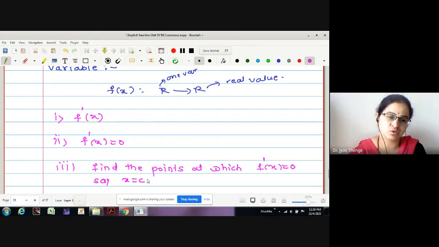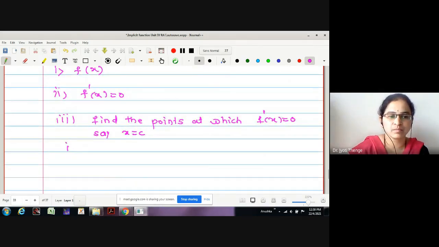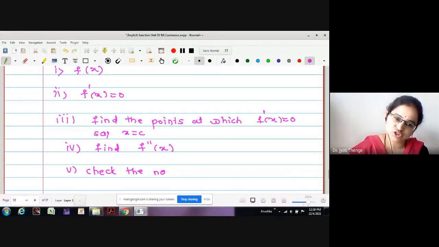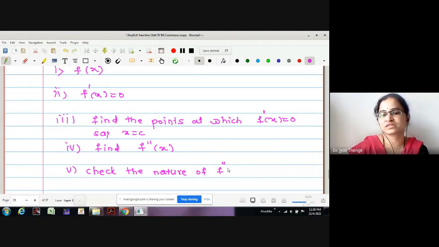Then number 4, we were doing, find second order derivative f''(x). Then check the nature of f''(x) at x equal to c.